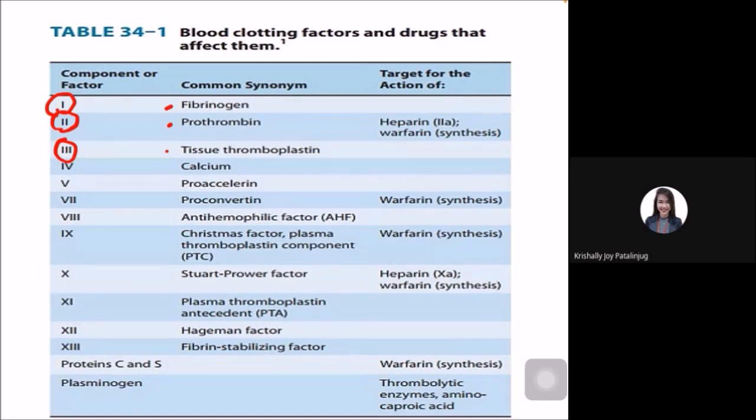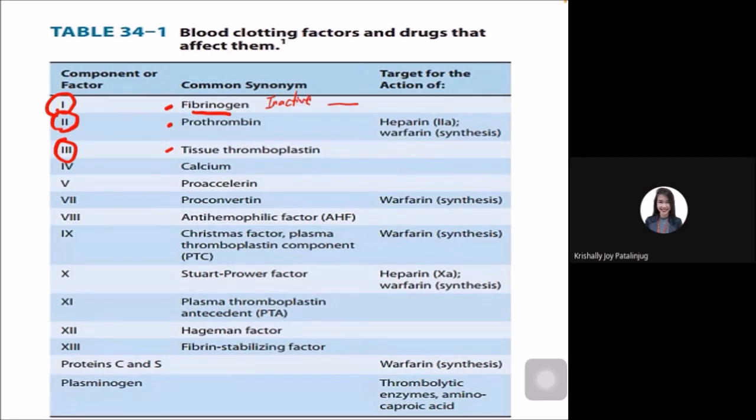Okay, so ma-discuss nato na again sa drugs na sa second part ng discussion. And ang common synonyms natin naman for clotting factor 1, clotting factor 1 is fibrinogen, which is still inactive, no? Inactive pa yan.